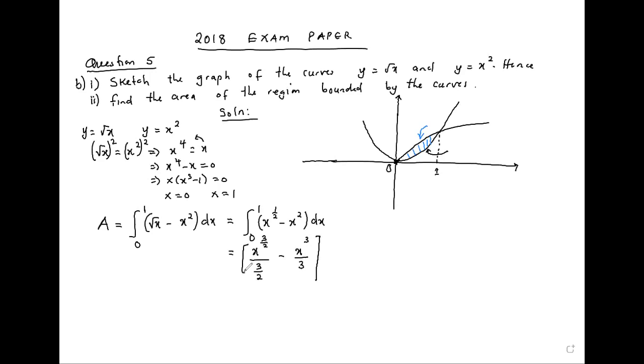Then calculate from 0 to 1. If you substitute 1, you have 1 over 3 over 2 minus 1 over 3. You substitute 0, you get 0. So this is the same as 2 over 3 minus 1 over 3, which is equal to 1 over 3.